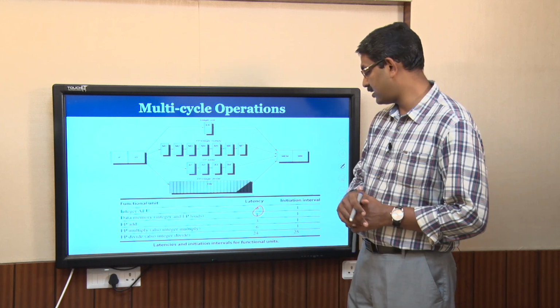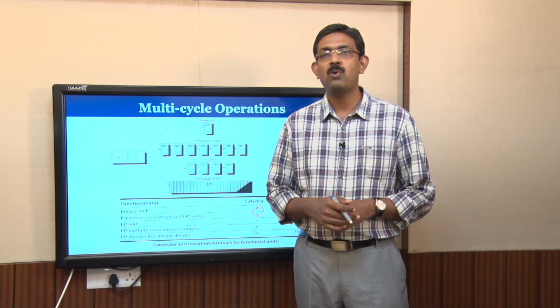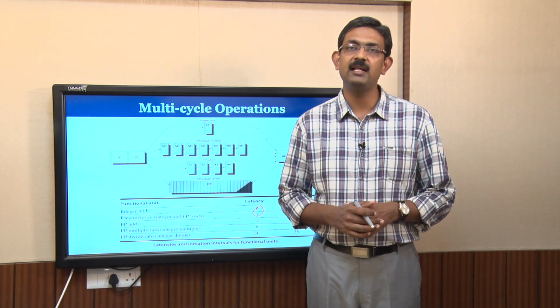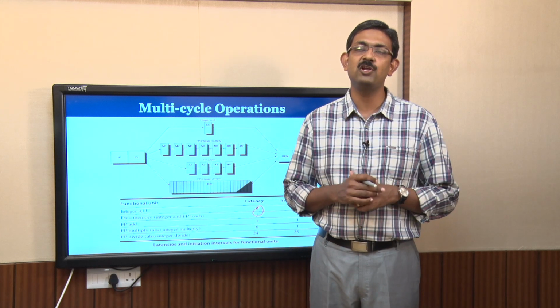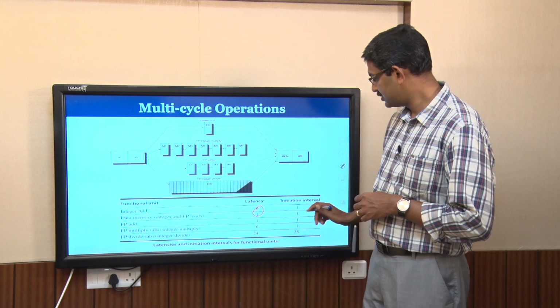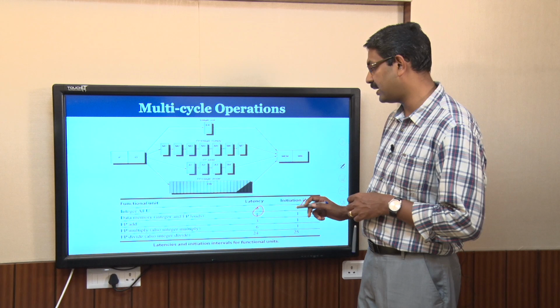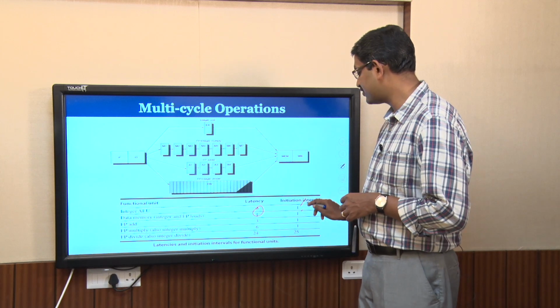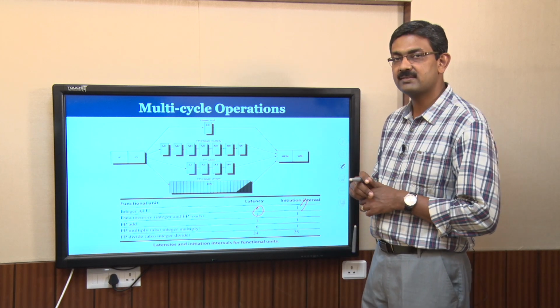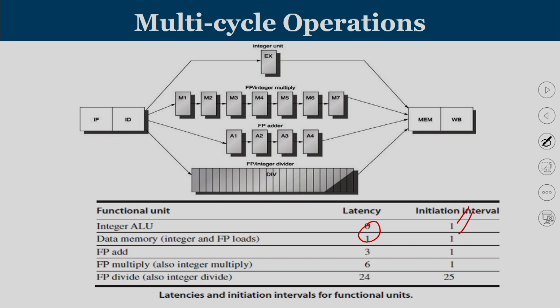Similarly, the initiation interval concept means what should be the minimum cycle delay such that the same functional unit can be used again. Since it has been pipelined, in the very next cycle I can use the integer ALU, and for data memory also, the very next cycle I can use the data memory. Now coming to floating point add, we know that floating point add is this.